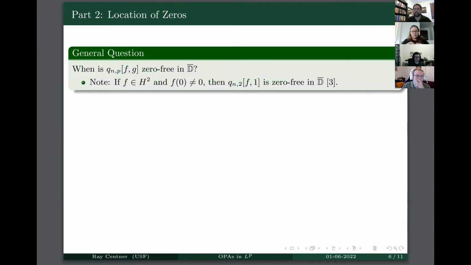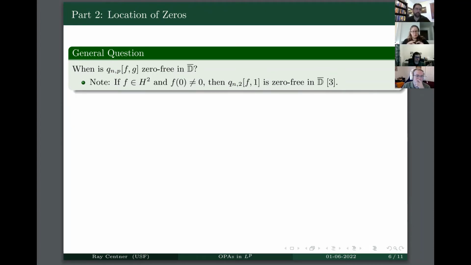That's nothing new. That's just that result I mentioned previously from Chui and Chan from the 80s. So we're taking p to be 2 and g to be identically 1. What I want to do first is start at this statement, try to generalize it as much as possible, and see where I can go with it.